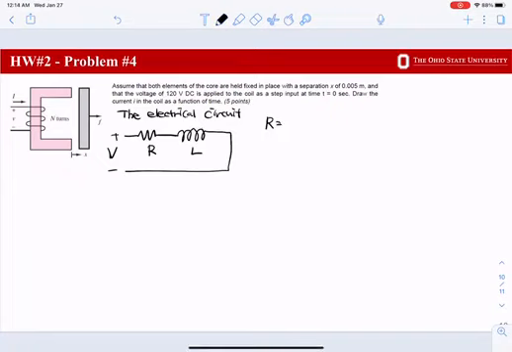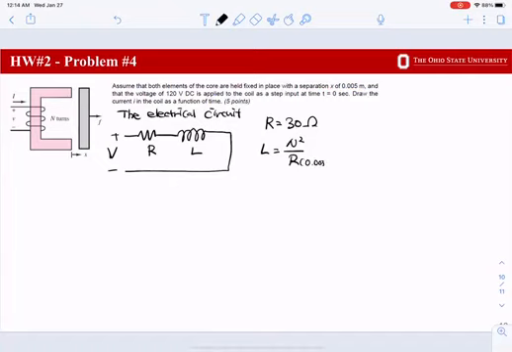So this resistance is 30 ohms, right? And this inductance is this coil. The inductance is N squared over R, but this is a function of x. X is fixed at 0.005.